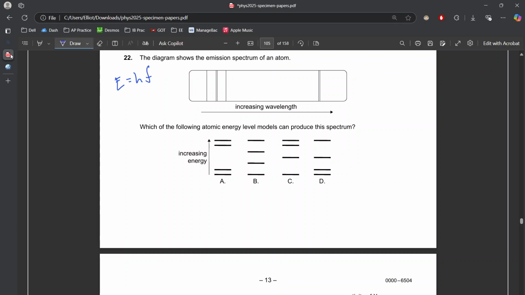Okay, f is inversely proportional to wavelength. Therefore, since E is proportional to f, that implies that E is inversely proportional to lambda, the wavelength. Which means since you have a lot at low energy levels, you actually need high. So this is going to go to high, and this is going to go to low. So you had a few at high, increasing energy. I'm guessing maybe something more like this. So I'm going to go C.